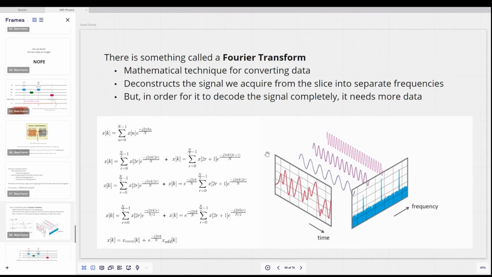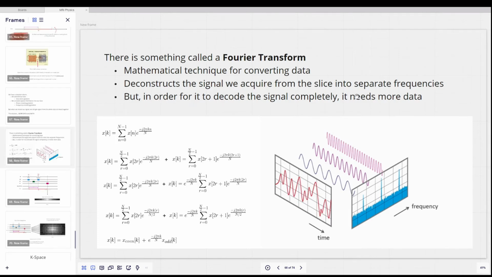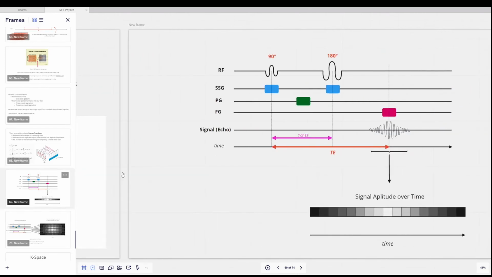Because the computer can deconstruct our messy signal that's coming from one slice and give us something usable. But this last line here is critical: in order for it to decode the signal, it needs more data. We can't just run this sequence one time and give it enough data to go on. And I'll show you what I mean.